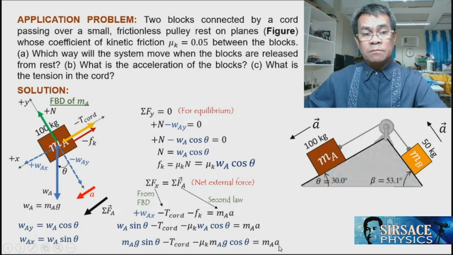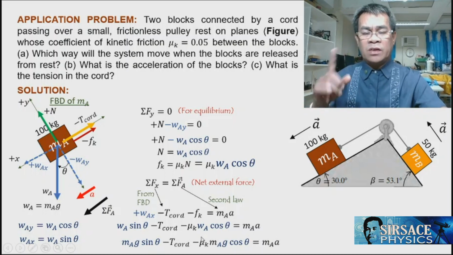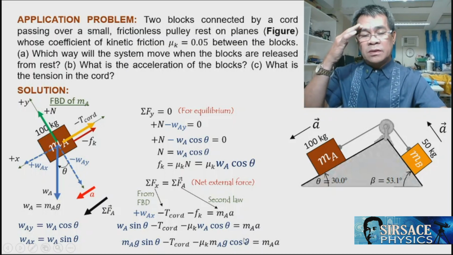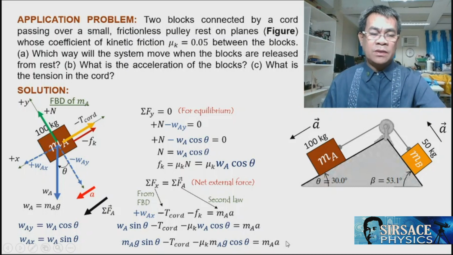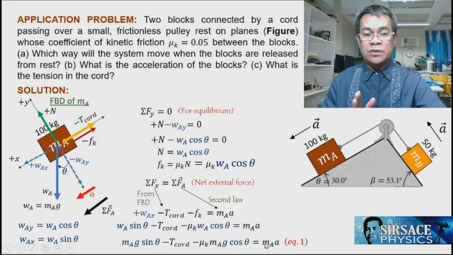Acceleration is also unknown, and this is the requirement for letter B. So this is one equation with two unknowns. We cannot solve T, and we cannot solve a. In mathematics, if we have one equation with two variables, there are infinite solutions. So we cannot solve for a definite solution of a and of T cord. So leave it as equation 1 and preserve this equation.